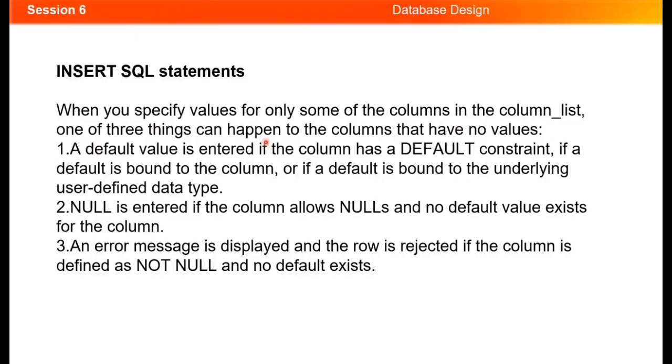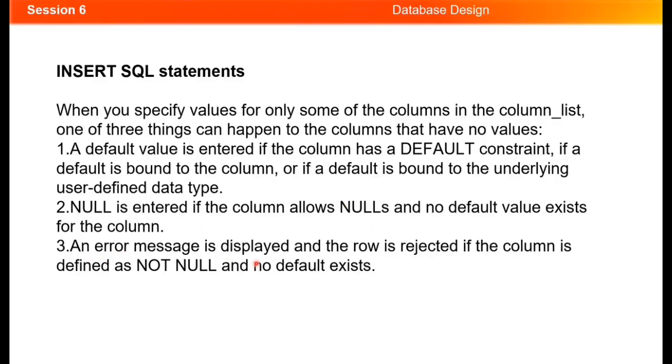When you specify values for some of the columns in the column list, one of 3 things can happen to the columns that have no default value. A default value is entered if a column has a default constraint, if a default is bound to a column, or if a default is bound to an underlying user-defined data type. Null is entered if a column allows null and no default value exists for that column.